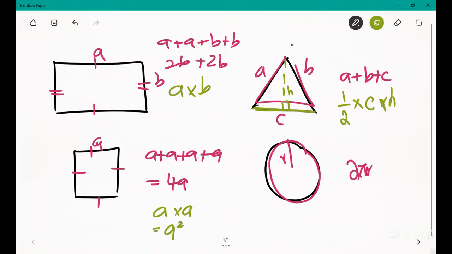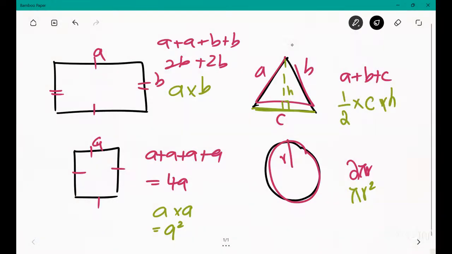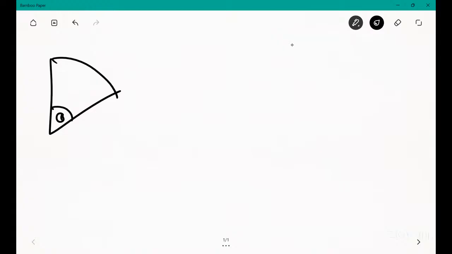And then for the circle, the equation is pi r squared. So specifically in O level, what you need to know in a circle is the area or perimeter of a sector of a circle. A sector of a circle is if you have a certain angle only of the circle, how are you going to find the perimeter or the area? So if you're finding the perimeter, it's only going to be this arc.